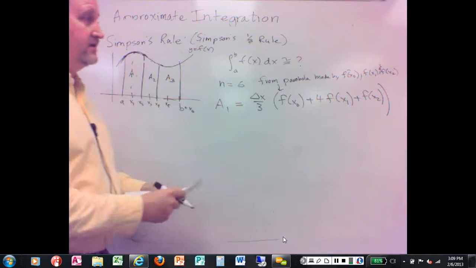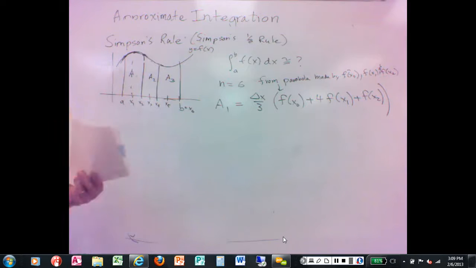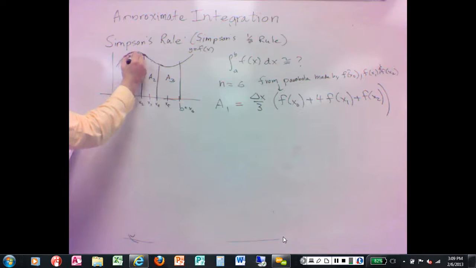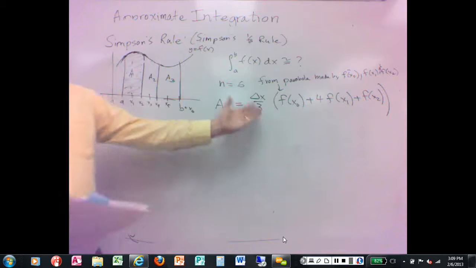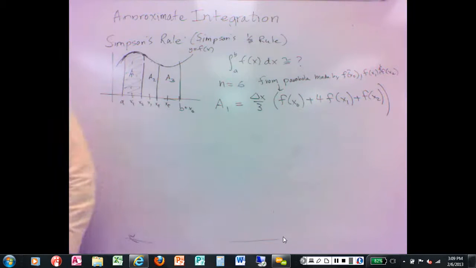But it comes out to be, I don't remember what it is. I didn't look at it this time, but it comes out to be an ax squared plus bx plus c type of equation. And then, based upon plugging in the numbers and things like that, this is what it comes out to be. That A1, talking about the area under this parabola right here, comes out to be delta x over 3, f of x sub 0 plus 4 f of x sub 1 plus f of x sub 2. Look it up in the book if you don't believe me, okay?